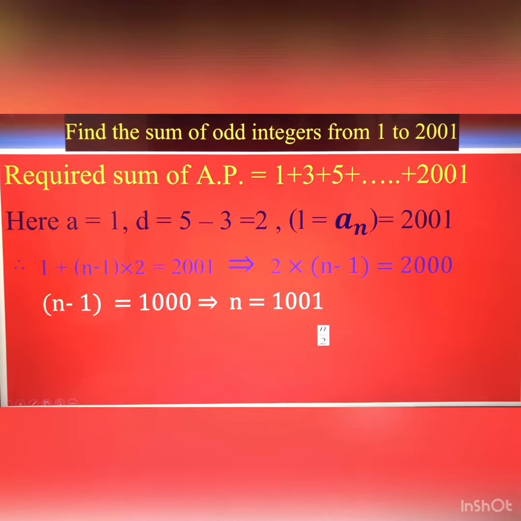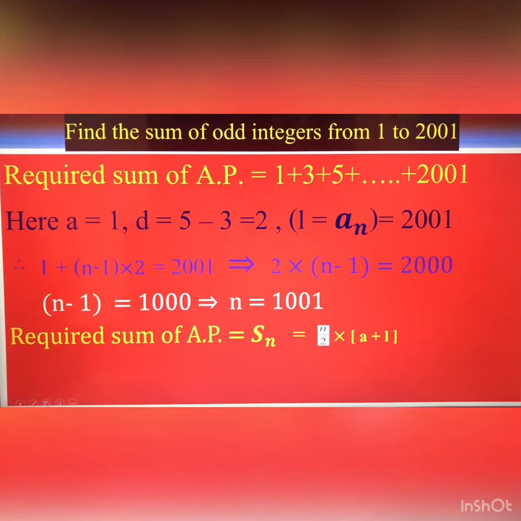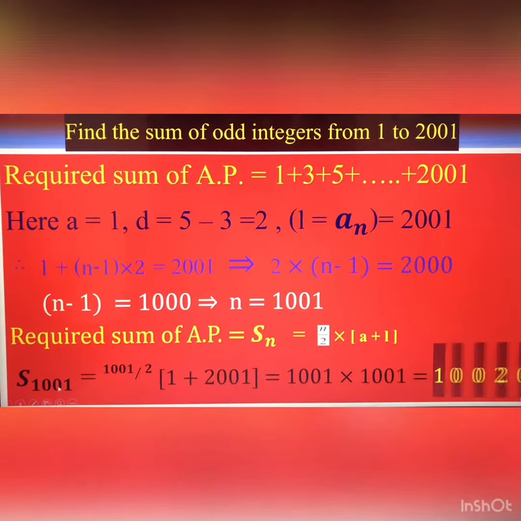Now since the last term is given, we will use the simple formula Sn equals n by 2 into (a plus L). The last term is 2001, a is 1, and n we have already found is 1001. So the sum of 1001 terms is 1001 by 2 into (1 plus 2001). 2001 plus 1 is 2002, and half of 2002 is 1001.